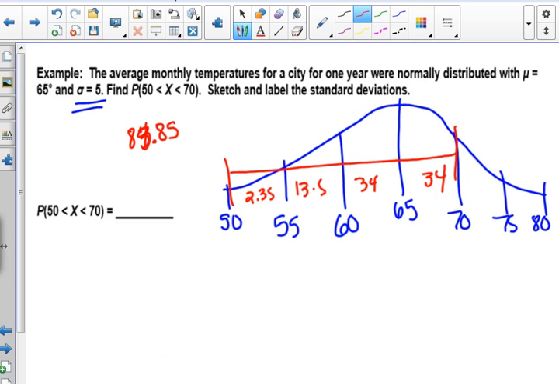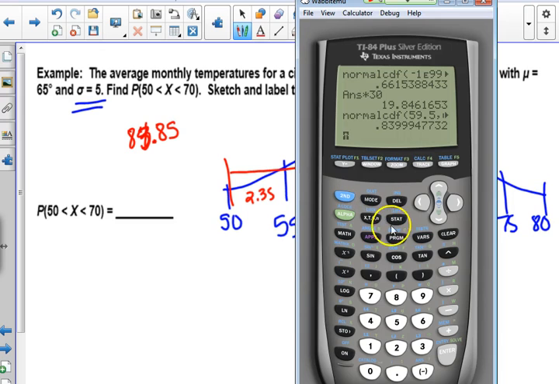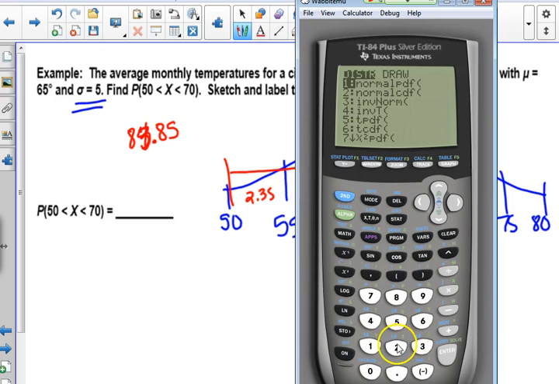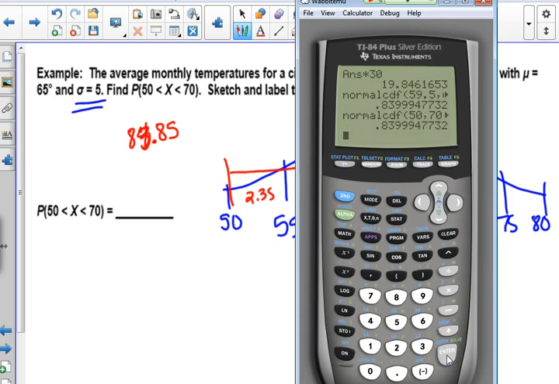Okay, yes. Now, if we do it on the calculator, if you use number 2 here, it's between 50 and 70 when there was a mean of 65 and a standard deviation of 5. So it says 83.99, so we're still getting roughly 84%, which is what the choice would be. Most of these are multiple choice questions on the quiz, and it'll just say 84%.